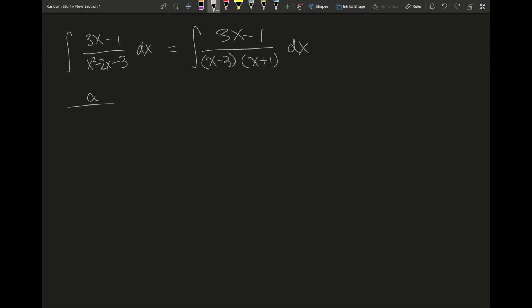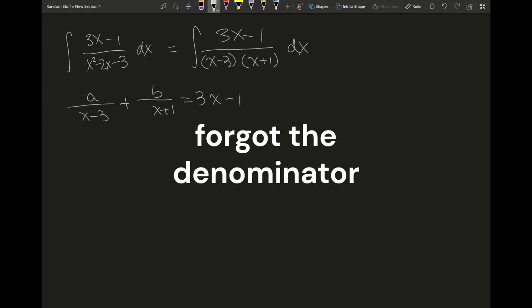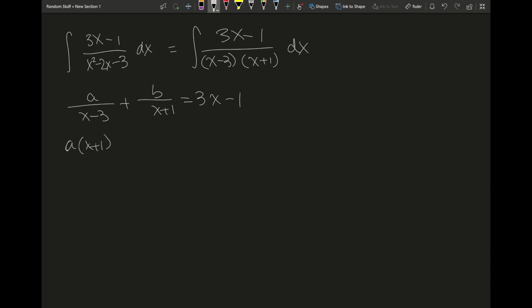So A over (x minus 3) plus B over (x plus 1) equals this top part, 3x minus 1. So again, A(x plus 1) plus B(x minus 3) equals 3x minus 1. We can group the A and B together with the x, and the A and B alone.